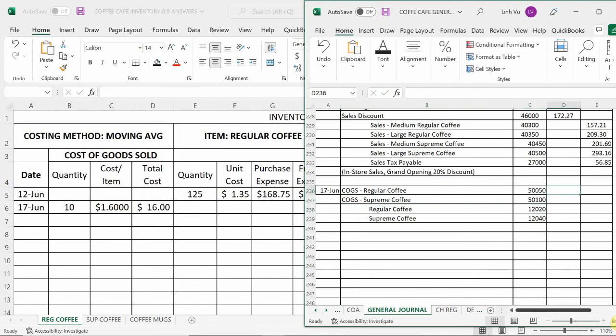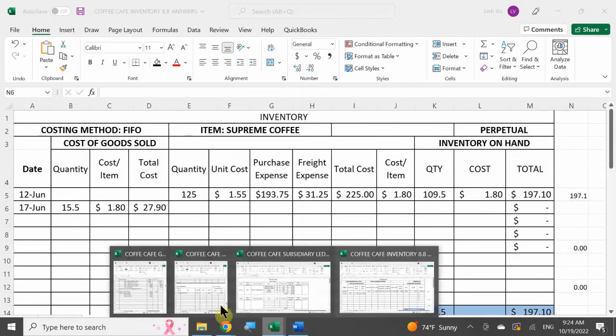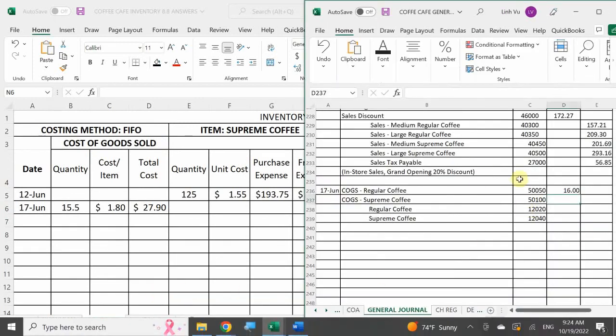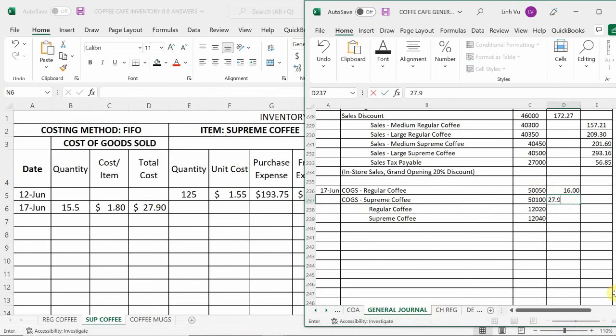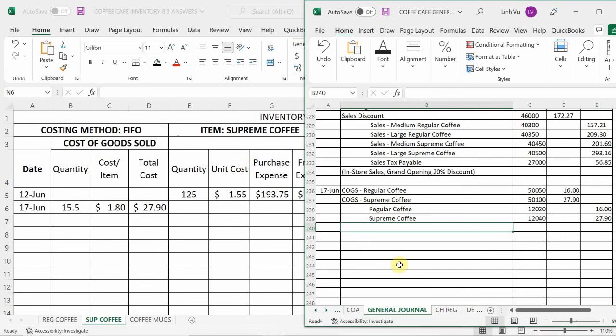And how much did I calculate for my regular coffee? $16. And how much for my Supreme? $27.90. And how do I finish off my description? Why did I have to adjust my inventory?